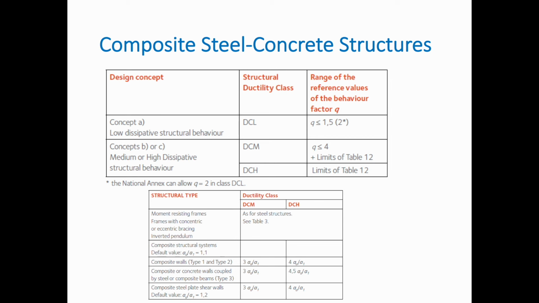For concepts B and C, the medium and high dissipative structure and ductility class, we are talking about q values of about 4 or even different numbers as defined in the table below, based on the exact type of the composite structure that we've got. Again, we're using the ratio alpha u over alpha 1 in order to define the exact number of the q behavior factor.